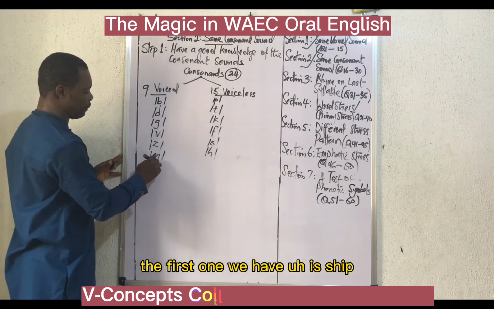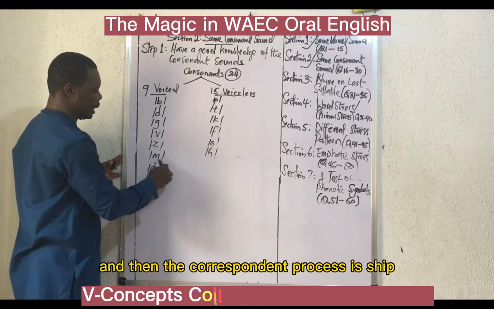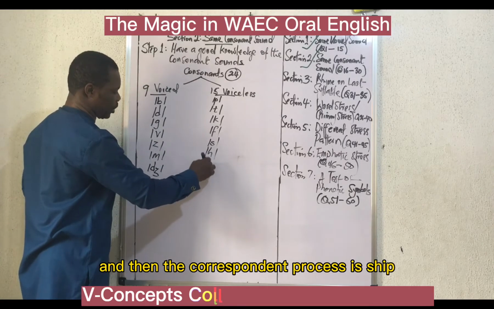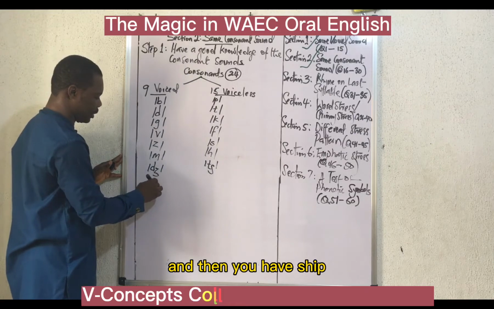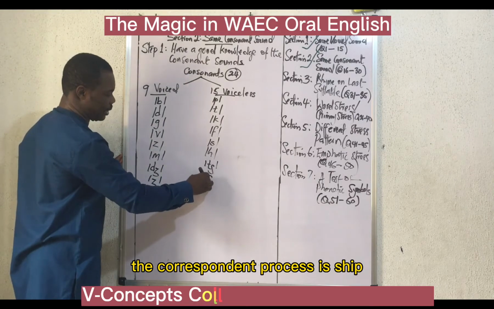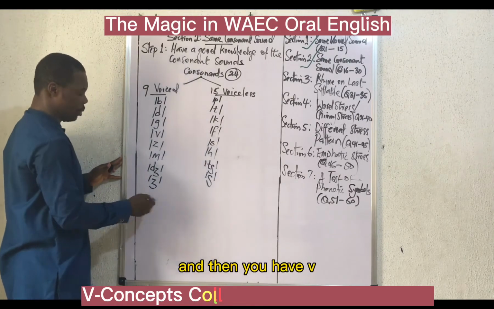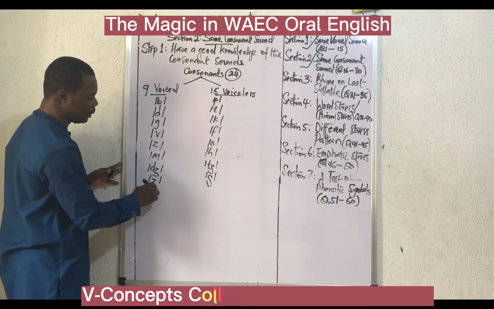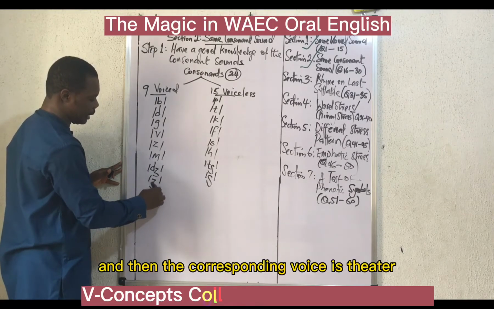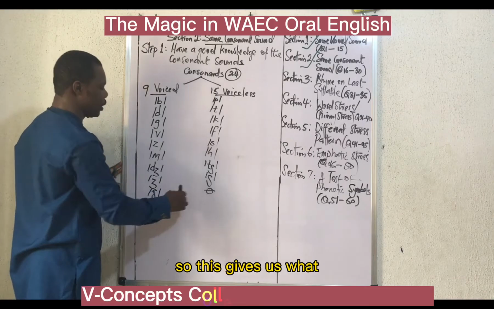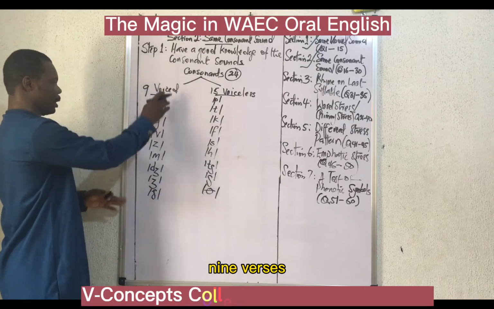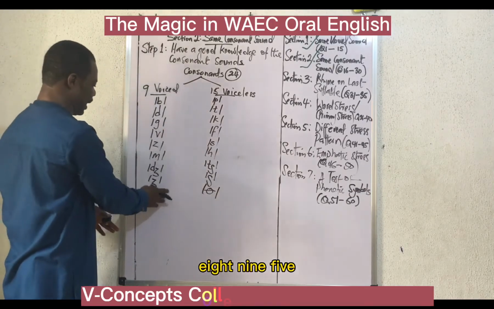The first one we have there is J, and then the corresponding voiceless is Ch, and then you have the next one, the corresponding voiceless is Sh, and then you have delta, and then the corresponding voiceless is theta. So this gives us what? 9 voiced. 1, 2, 3, 4, 5, 6, 7, 8, 9.